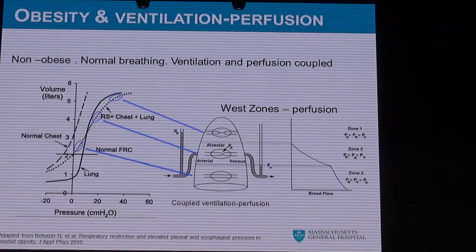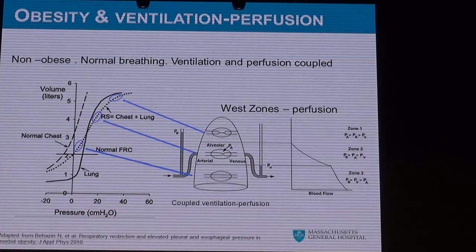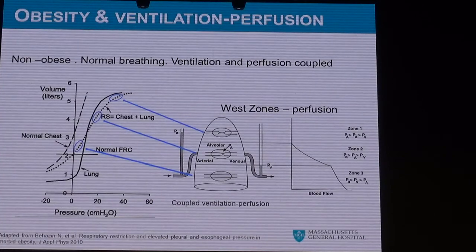And this is what I think about, going back to the pressure volume curve and the West zones. What we have in patients like that is that in obesity, perfusion is not changed as much.